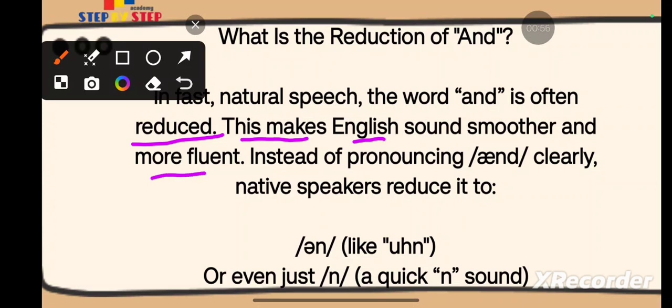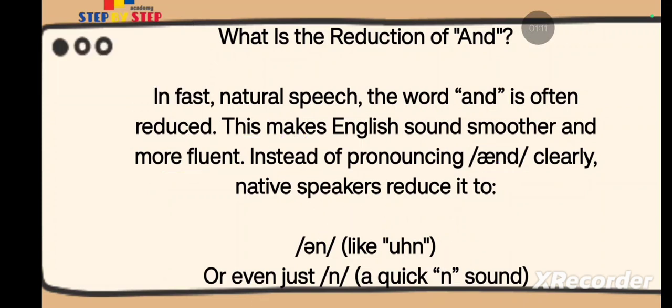So instead of pronouncing "and" clearly like that, native speakers reduce it to "an" or a quick "n". So again, native speakers reduce it to "an" without the d. We drop the d sound here, or a quick "n".